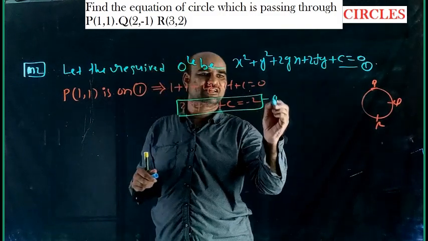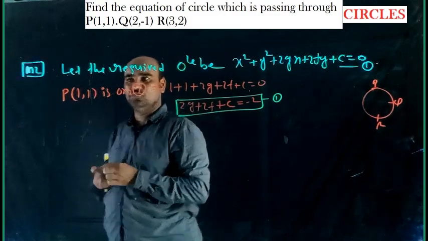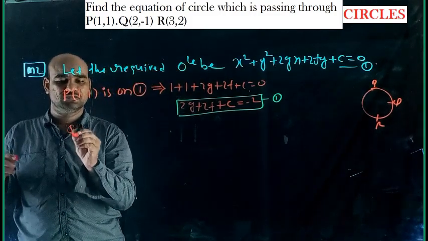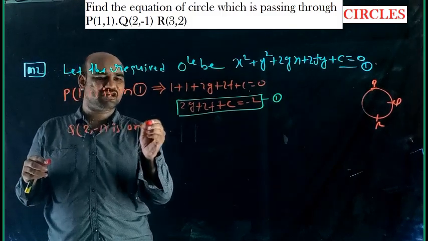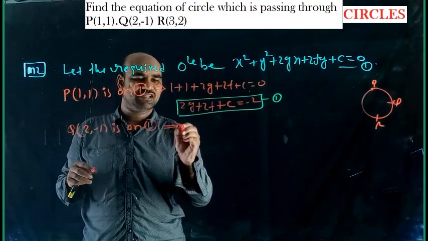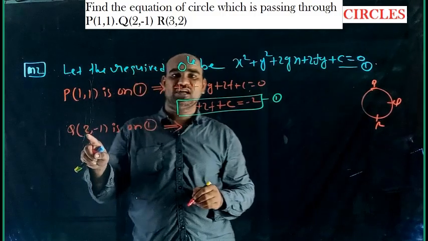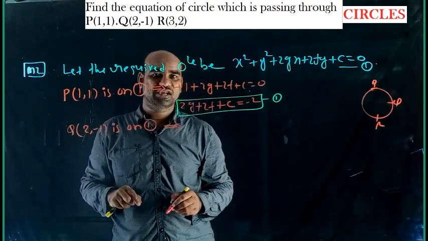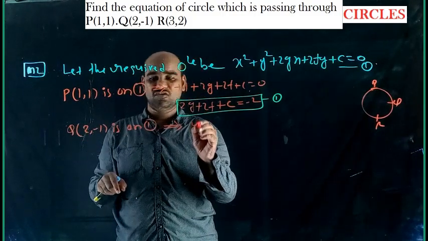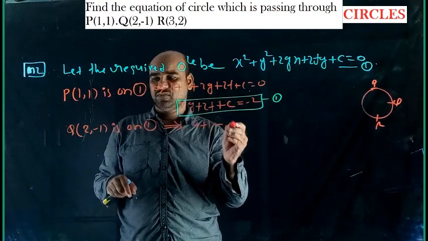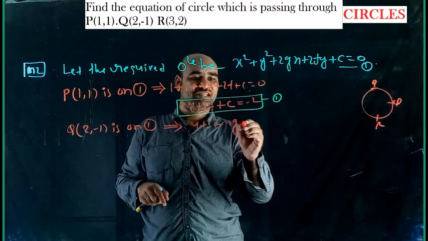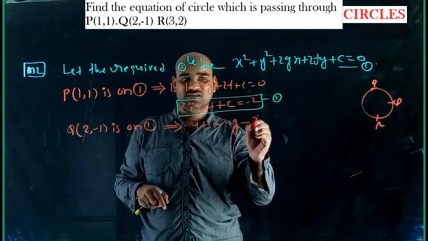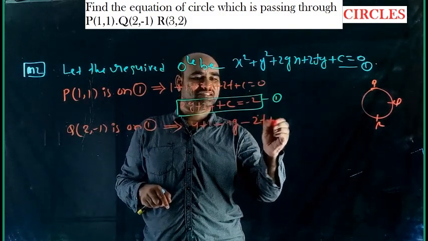I can say this is 1. The point Q, 2 comma minus 1, is also on it, means what? Instead of x you can write 2, and instead of y you can write minus 1. 2 square 4 plus 1 plus 4g minus 2f plus c equal to 0.